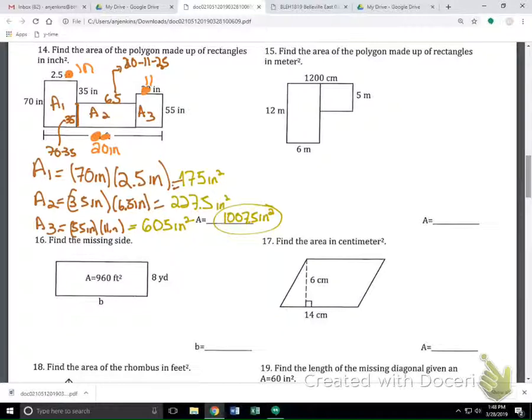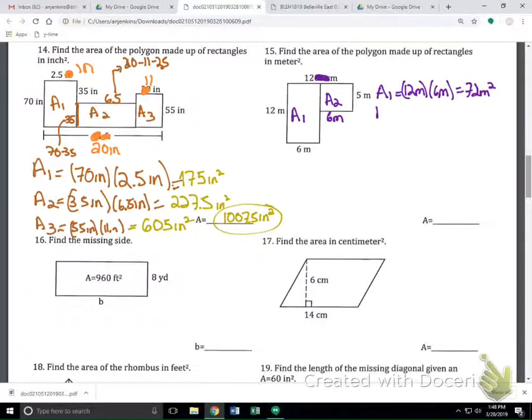Okay, so if our whole top here is 12 meters, and we use 6 meters here, how much does this one have to be? Got to be 6 meters. So you end up with 6 meters here. So then we're going to calculate that first area, area 1, area 2. Area 1 is going to be 12 meters times 6 meters, which gives me 72 meters squared.